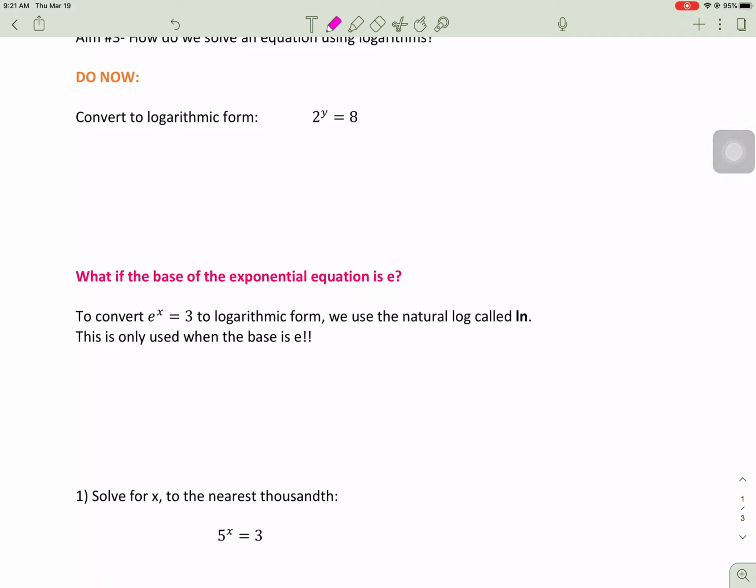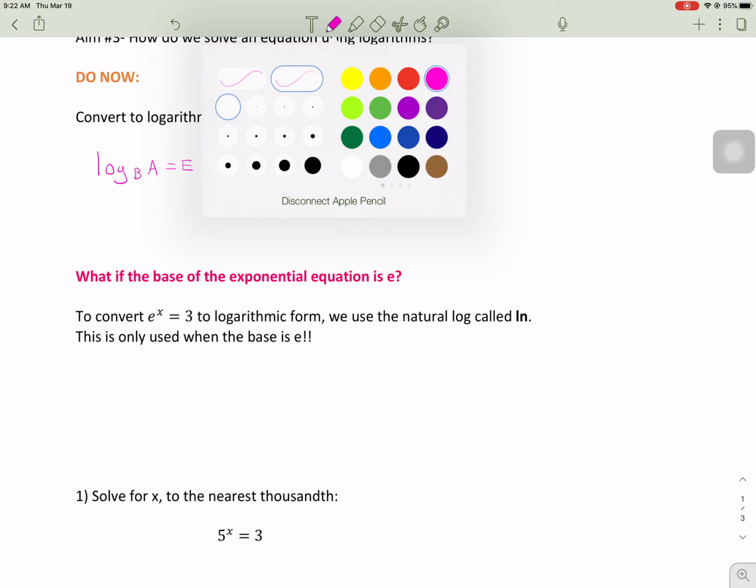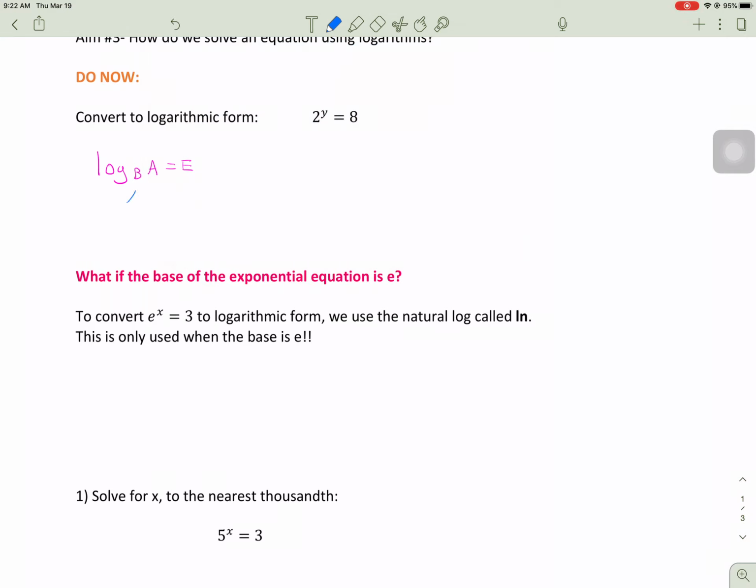So to do this, we want to convert into a log, right? We talked about this a little bit. It feels like a long time ago, but we have log base, where this is the base, this is the answer, and this is the exponent.